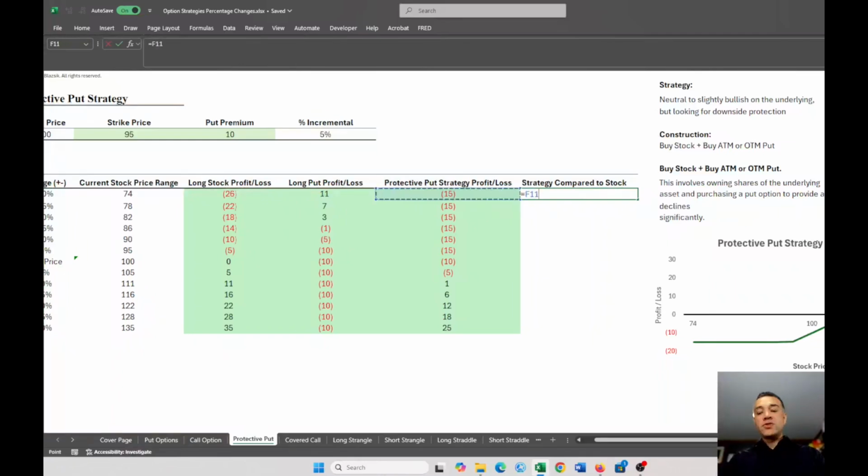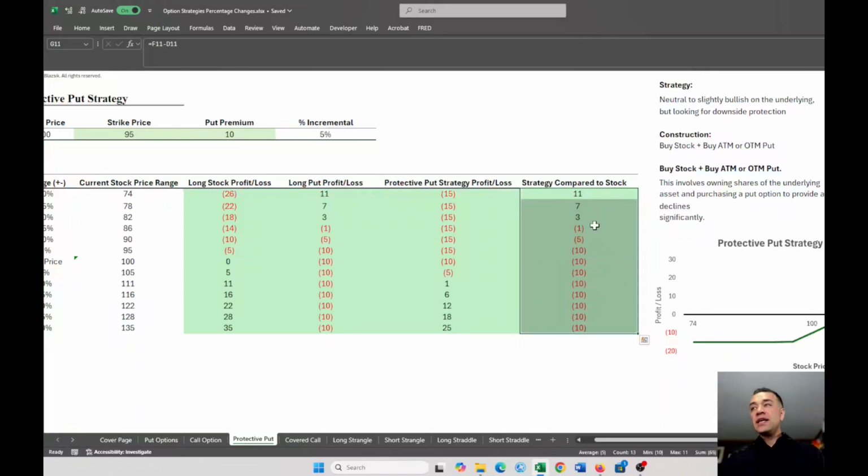So let's just look at the difference here. It's going to be the put strategy minus the stock. If we just bought the stock by itself, I want to know the difference of how much we are up or down on that. As you see, if the stock loses money, that's where I am up in value.